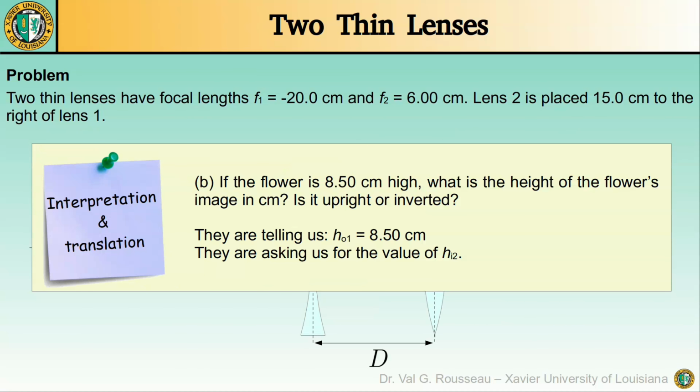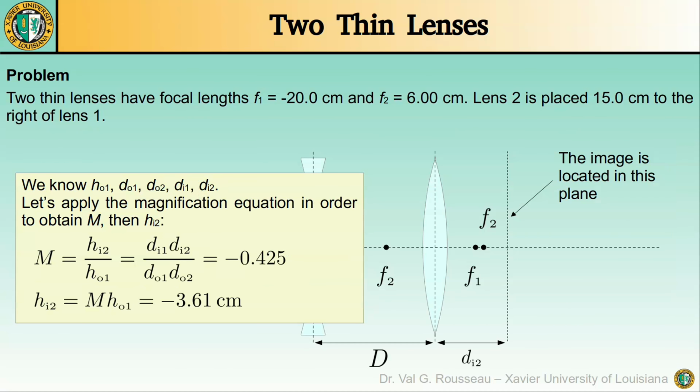Answering the question is trivial. We know the object's height, and we know the two object distances and the two image distances. Thus, we can apply the magnification equation and find a value of negative 0.425. This allows us to conclude that the final image's height is negative 3.61 centimeters.